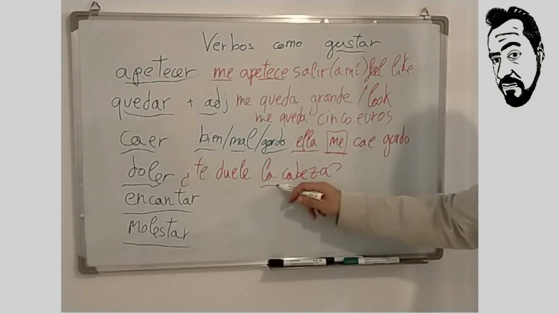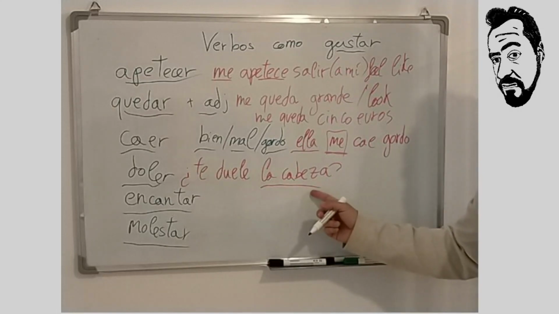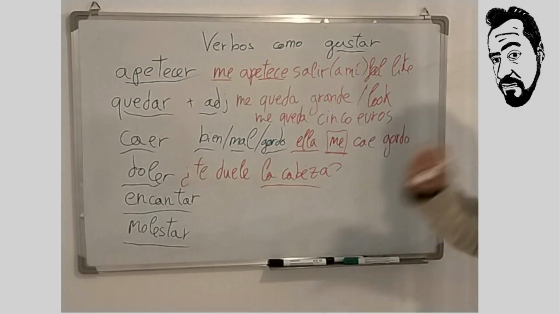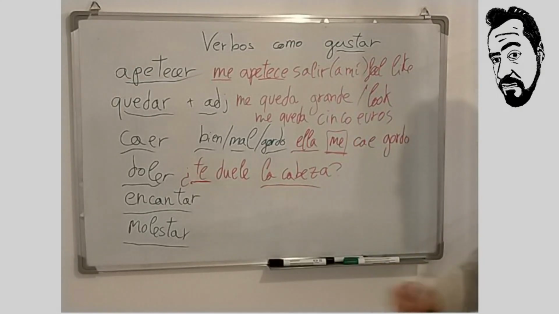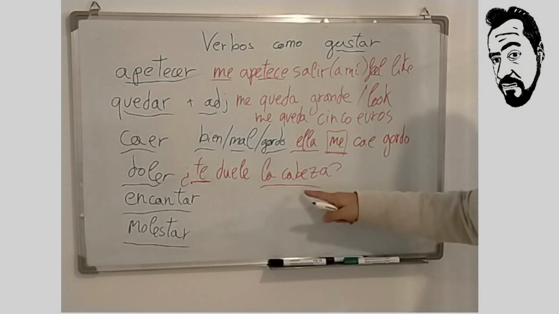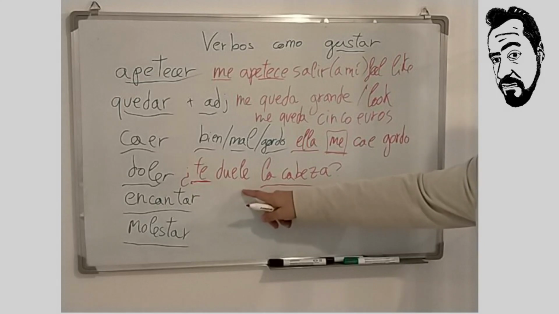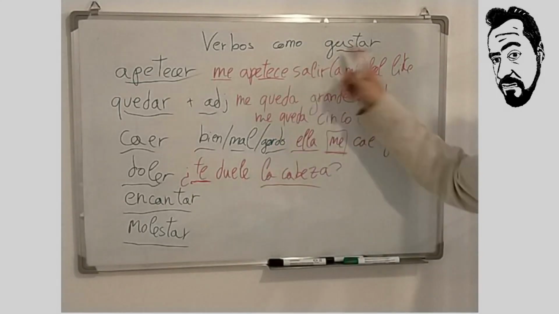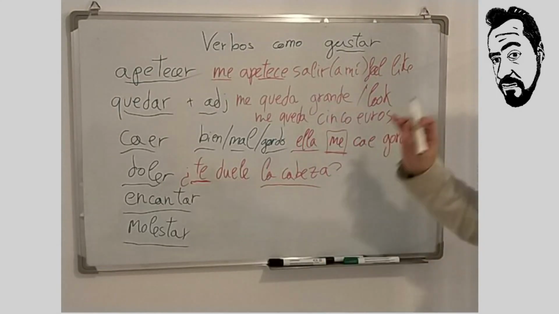So, la cabeza, remember to add the article, okay? Does your head hurt? Do you have a headache? And yes, you will use the singular because you talk about one head, okay? You wouldn't use the tú form of the verb. Remember, with this kind of verbs that work like gustar, we only use third person singular or third person plural.